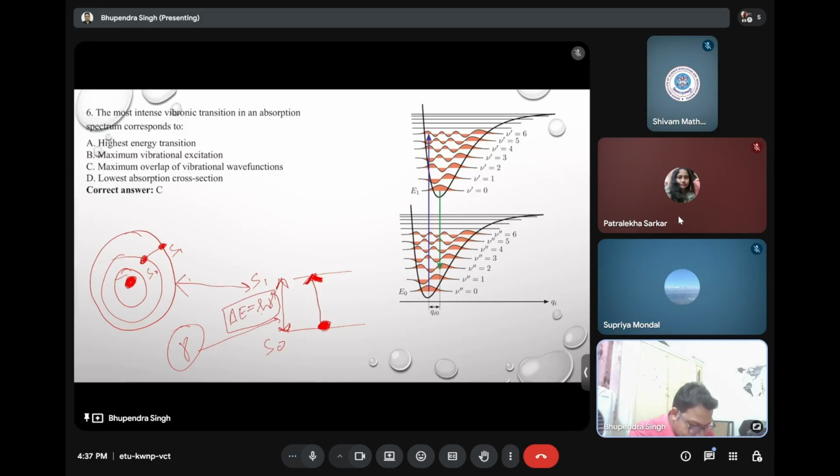Let's say I'm giving some energy, and this electron is going from S0 to S1. This is your nucleus here. Why do they bother about the nuclear position?